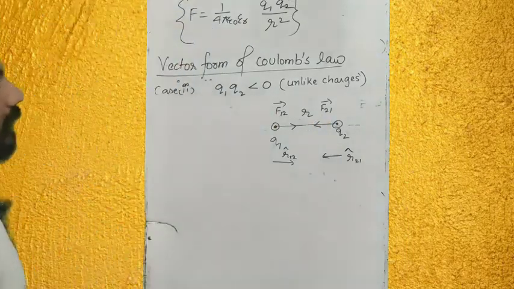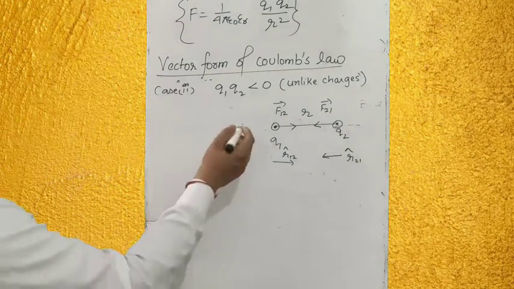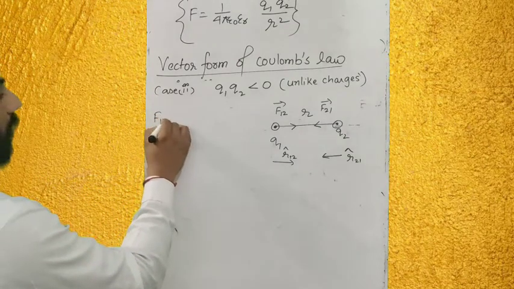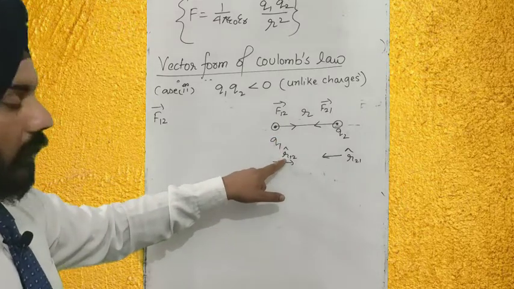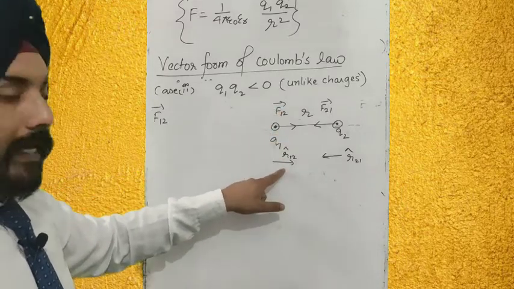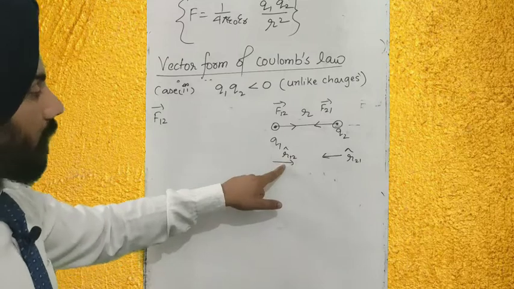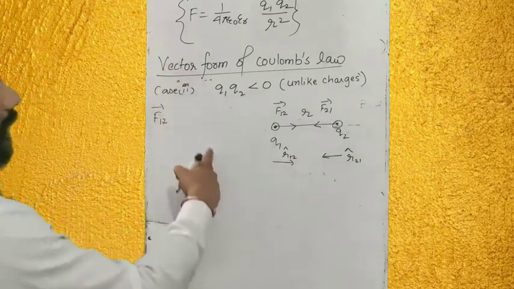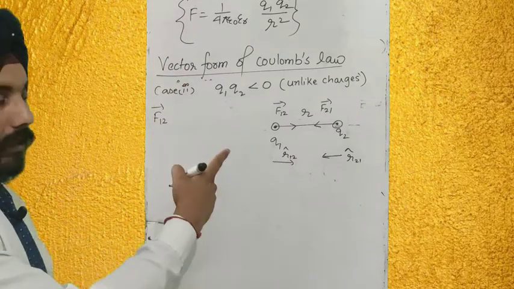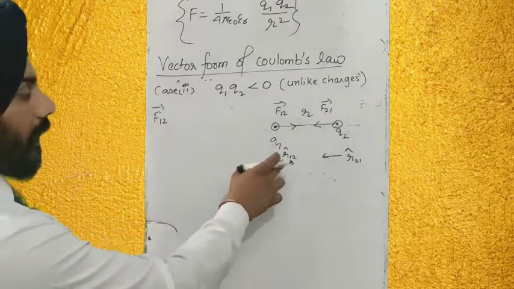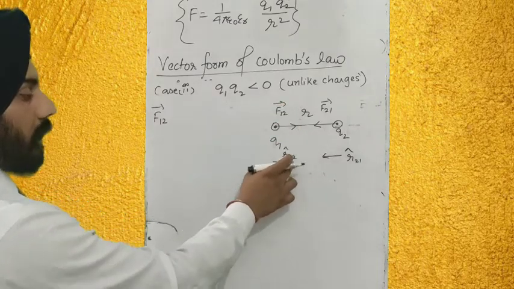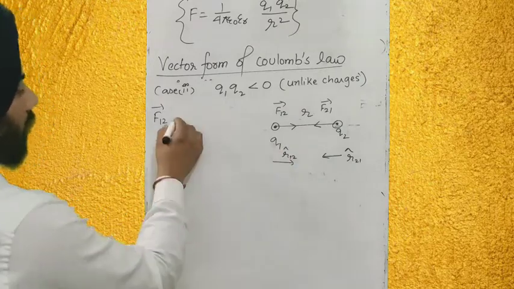So when the force is attractive in nature, how do we write it? F12 and R12 both have the same direction. Earlier we were writing R21 in F12's equation, but here we have to write R12.